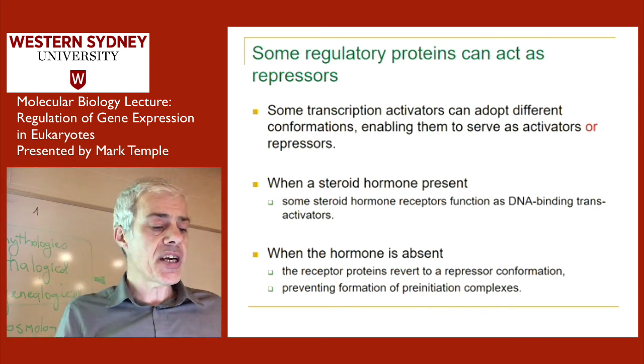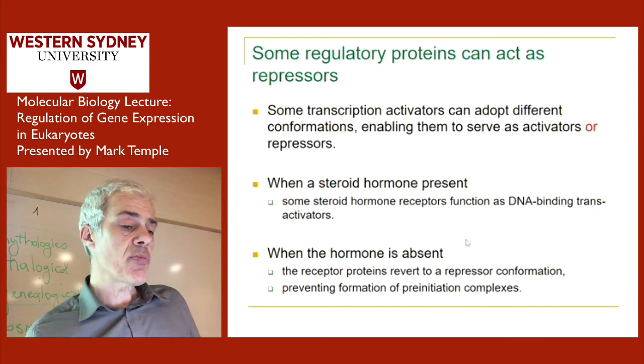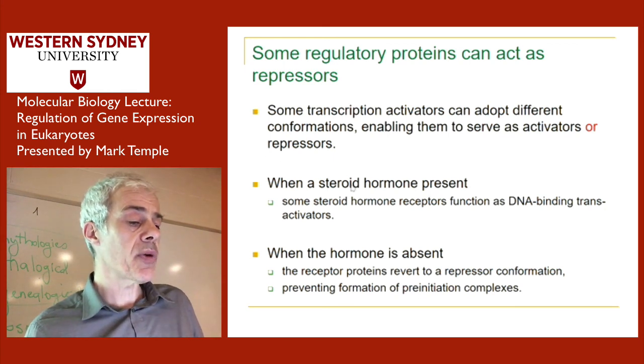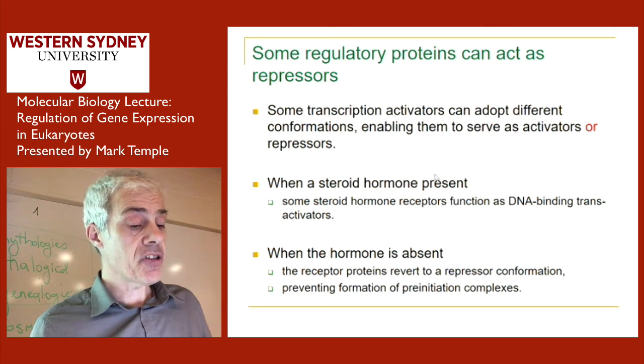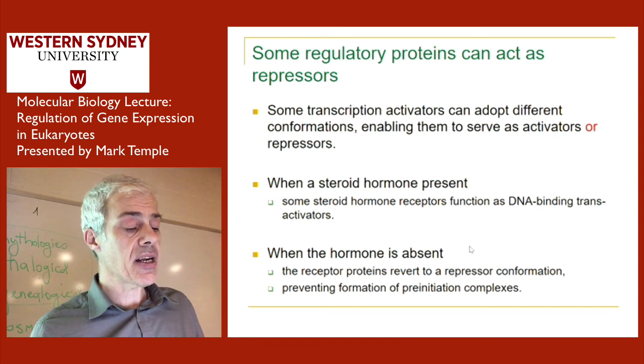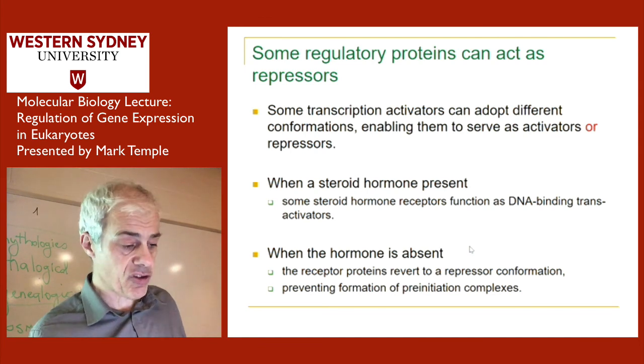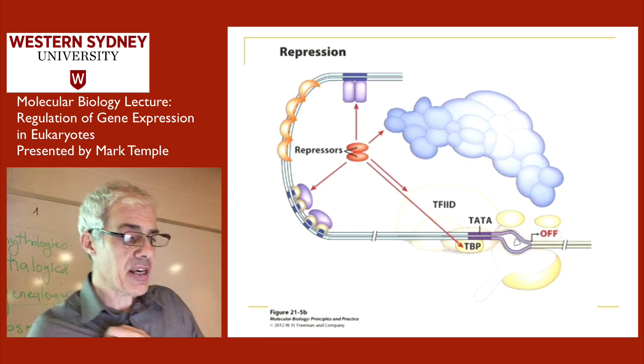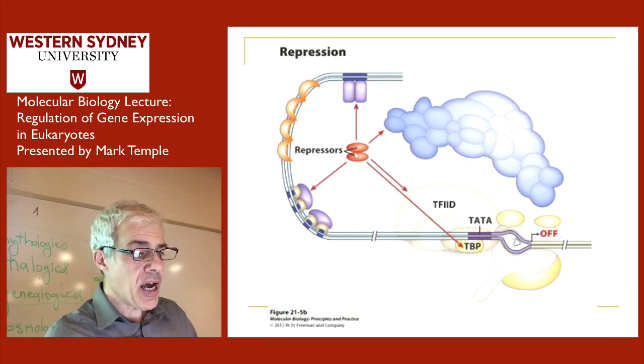So some of these proteins can act to repress transcription, but then a switch comes along, such as a steroid hormone, which can bind to that transcription factor, which is also a receptor for the hormone, and it can change its conformation so it can act to activate transcription. So, this little diagram here. This is one of these receptors.